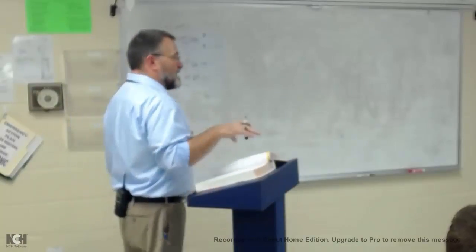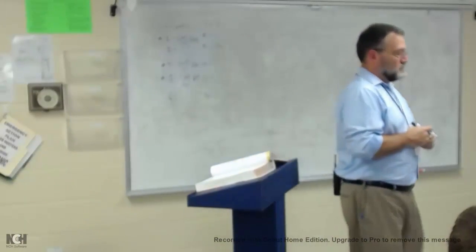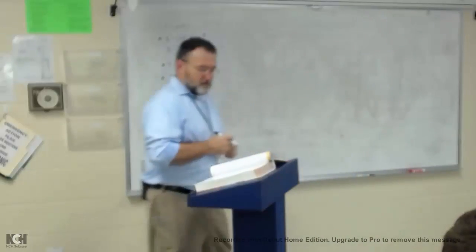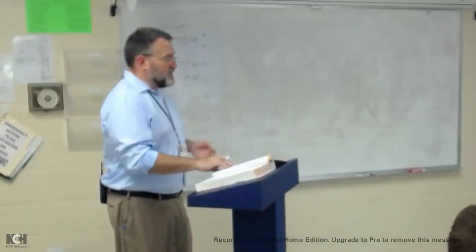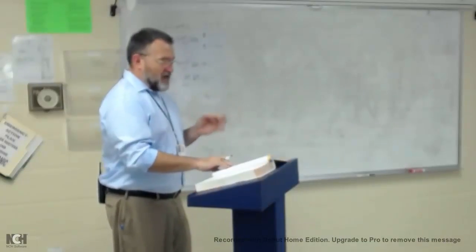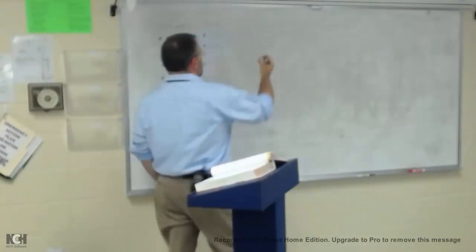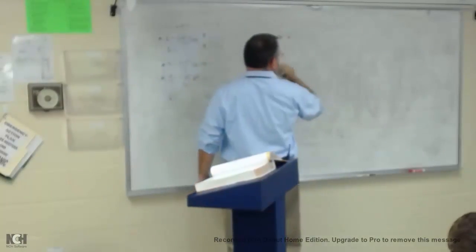So looking at this problem, what are the things we start with? Just read the first sentence. To burn a piece of wood, oxygen has to be added. So we start with wood and oxygen.